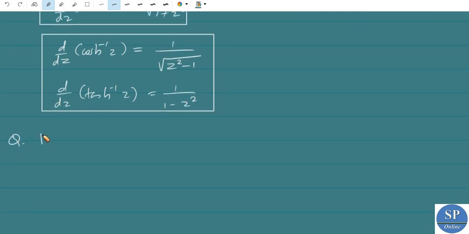Find cosh inverse of minus 1. Cosh inverse of minus 1. We have by definition cosh inverse of z is nothing but ln of z plus square root of z square minus 1. Right.